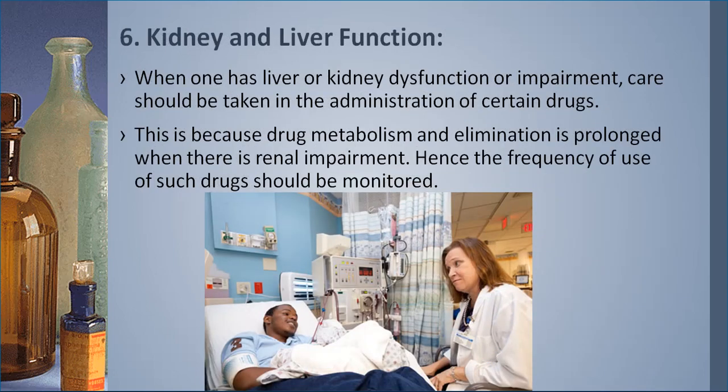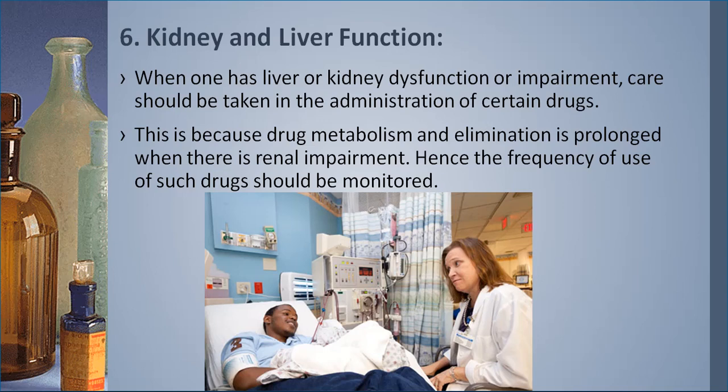The sixth category that we are careful with when giving medicine is patients with kidney and liver function problems. Now, we said that the kidney's main role is to help eliminate medicines from our body.